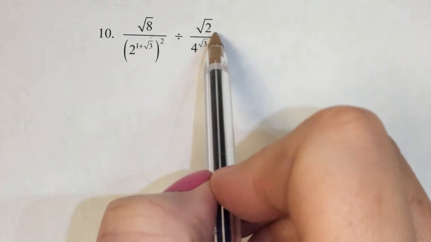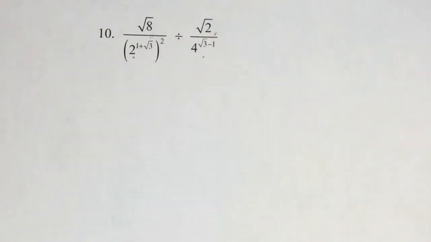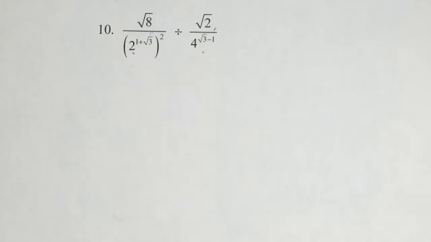8, 2, 2, 4. What should our base be? 2. All right, good start. What do we do now? What ideas do you have on what we can do?